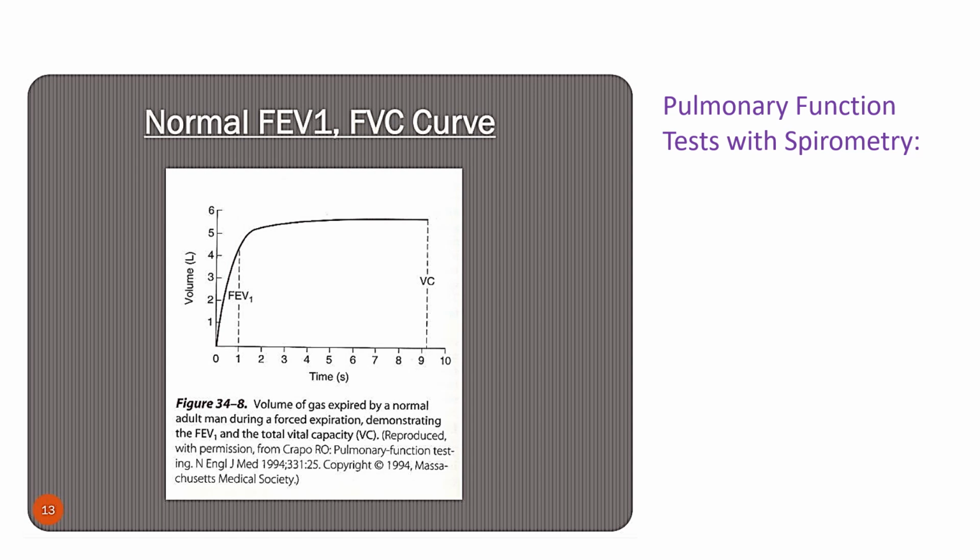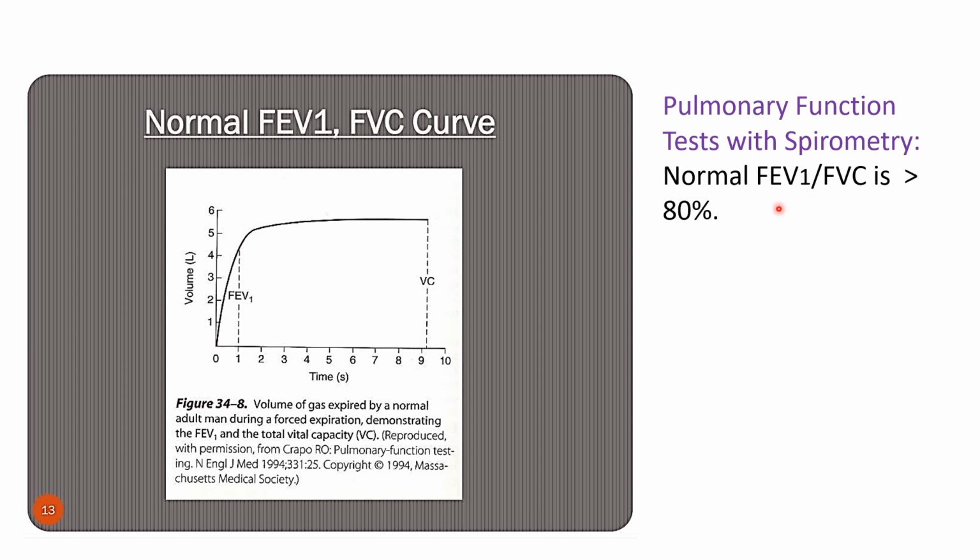A normal person can exhale a given percentage of their overall volume in 1 second, the forced expiratory volume. So not only can you measure overall volumes like tidal volume or inspiratory capacity and so forth, you can also measure volume over time, and usually it's expressed as a percentage.